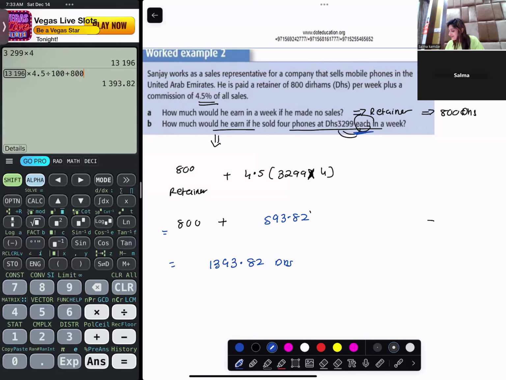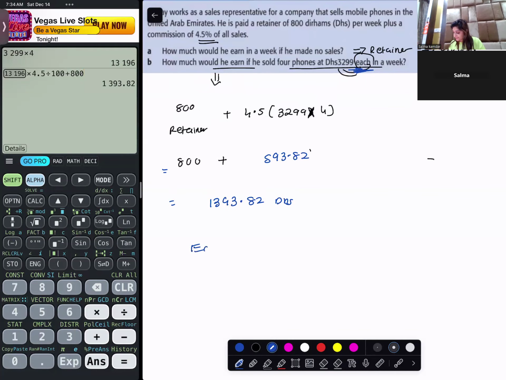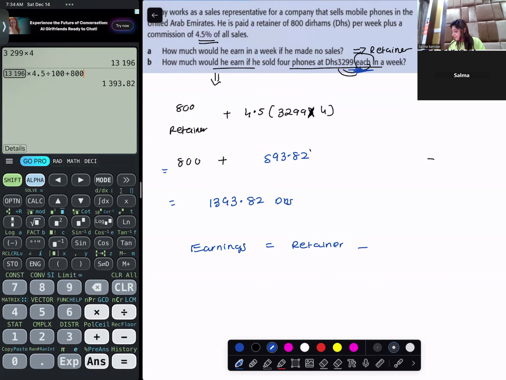Please note that you have to read it carefully. I missed it out, but you should read carefully. So the earnings of Sanjay would be his retainer plus his commission. This would be the earnings of Sanjay.